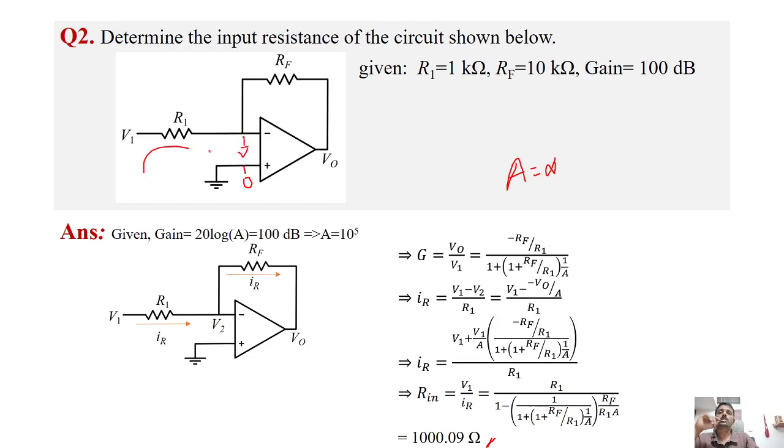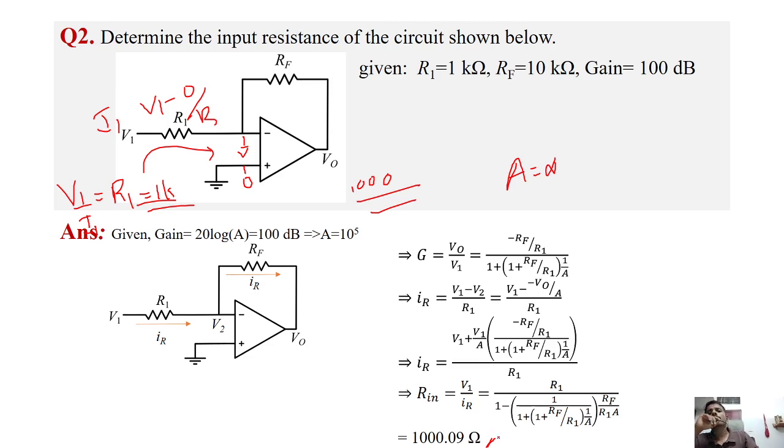The input current is V1 minus 0 by R1, that is current I1. So V1 by I1 will be equal to R1. R1 is here 1K, so when it is ideal that is 1000 ohm, right? But since this is non-ideal, we get 1000.09 ohm. That is a small change, but still that is the input resistance of this circuit.